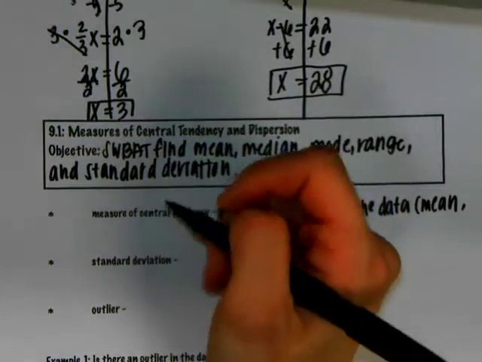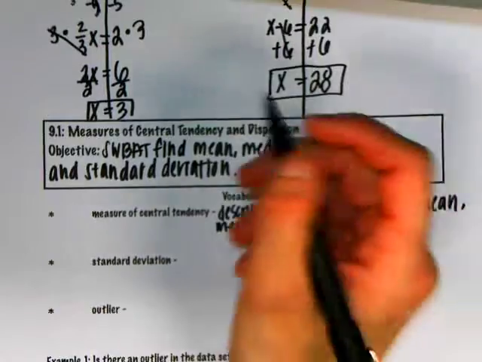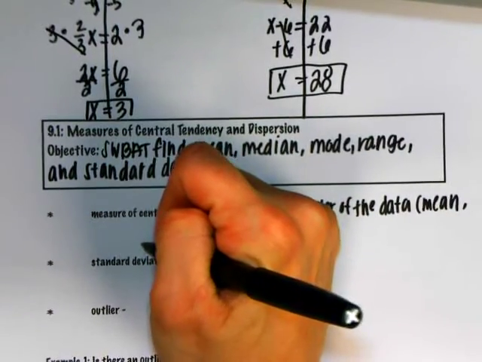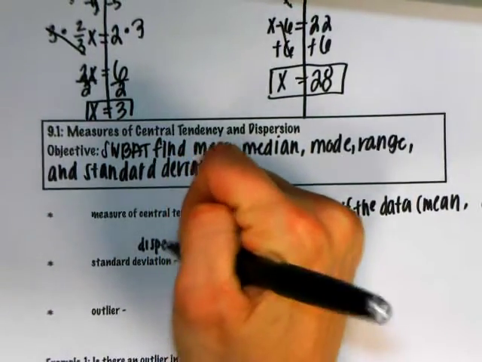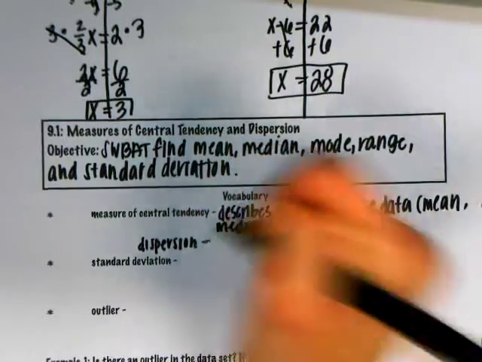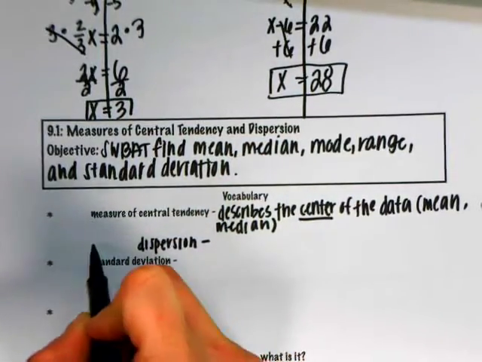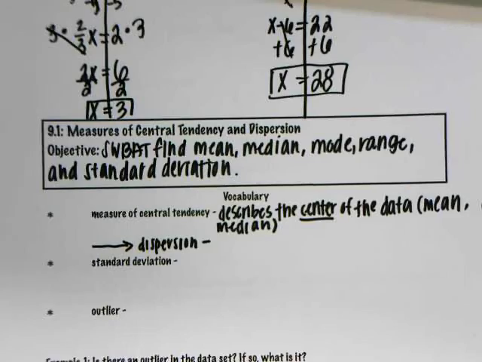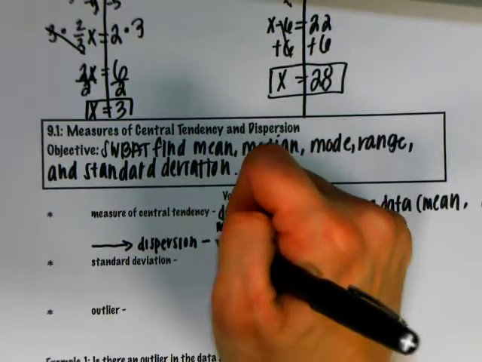And then a measure of dispersion, so the same thing, but dispersion describes the spread of your data.